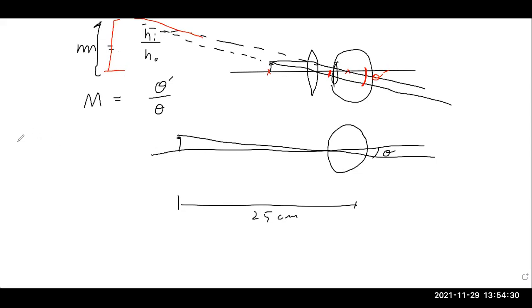So that angular magnification, or the new angle over the old angle, is approximately equal to, if we're willing to make our reasonable small angle approximation, the height of the original object over the focal length of our magnifying glass.